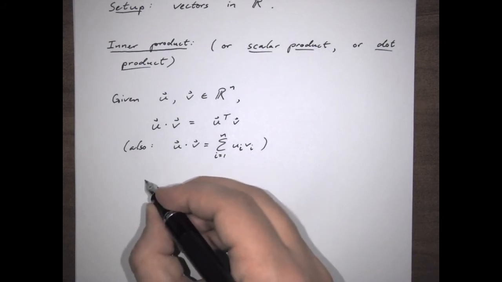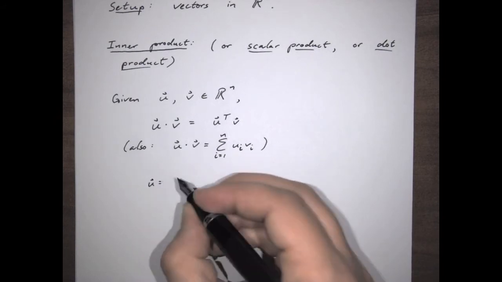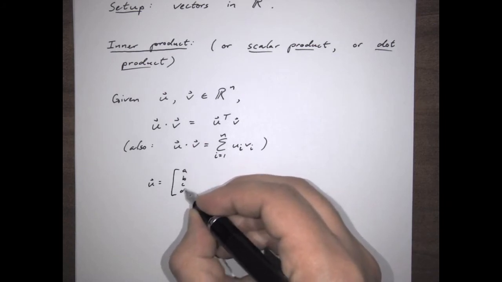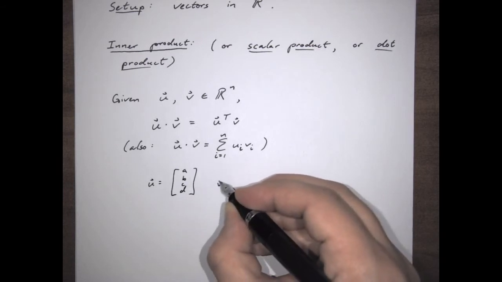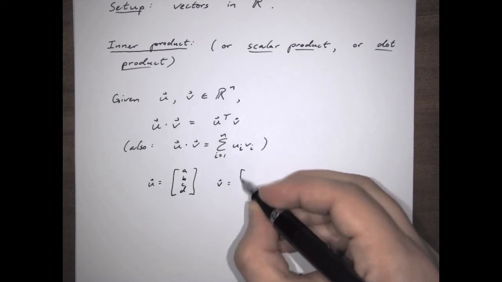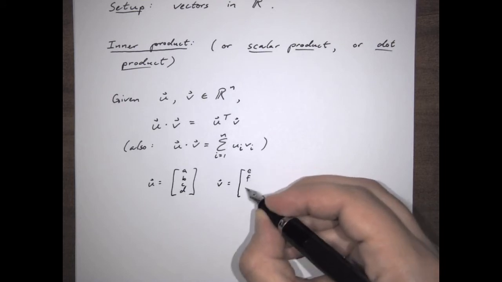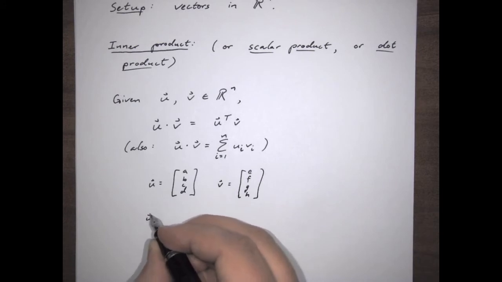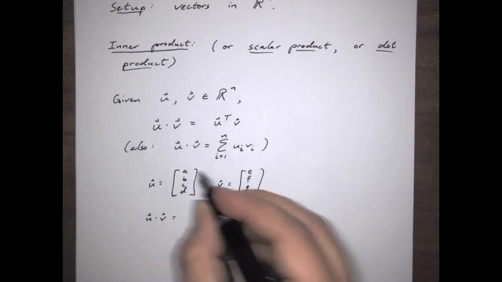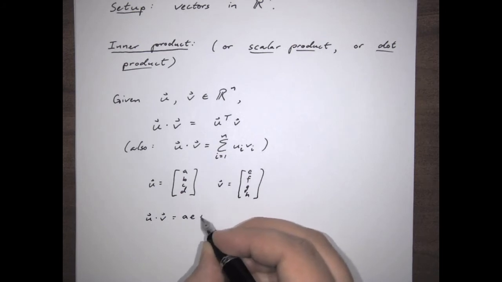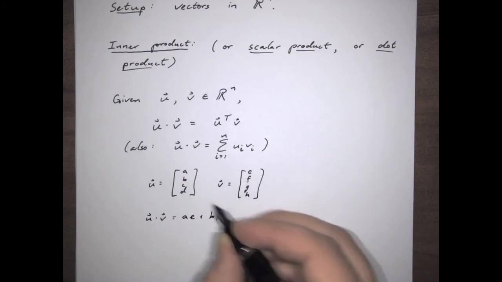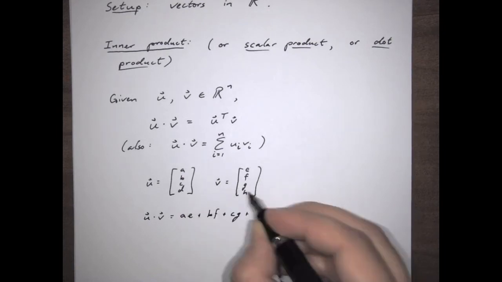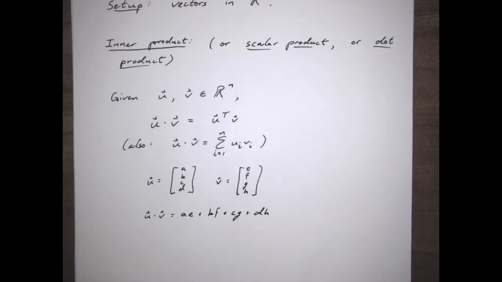So for example, if u was equal to, let's say, a, b, c, d, and v was equal to e, f, g, h, then u dot v would just be a times e, plus b times f, plus c times g, plus d times h.